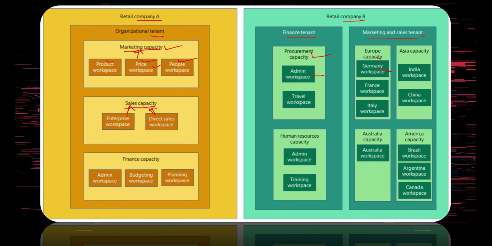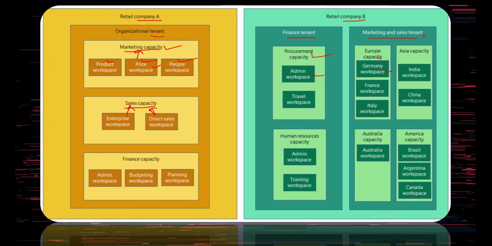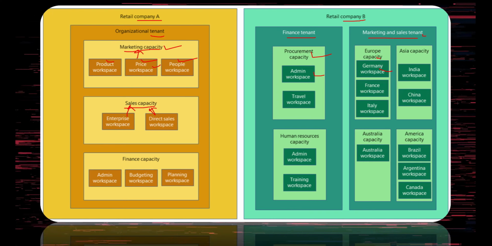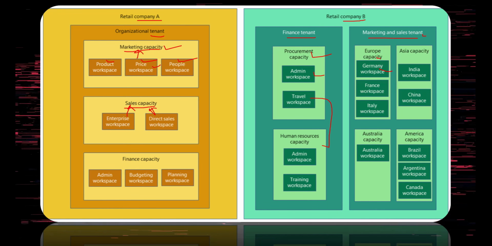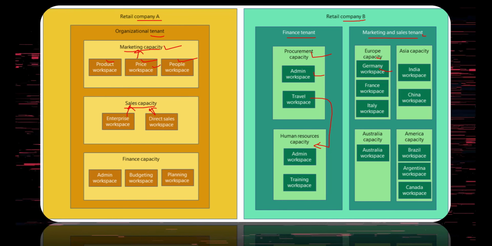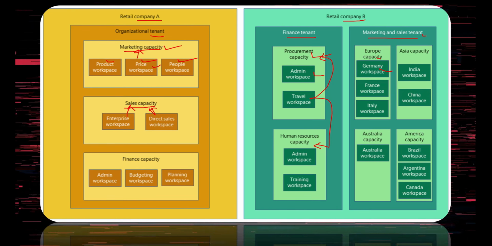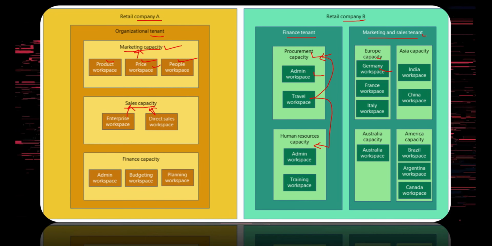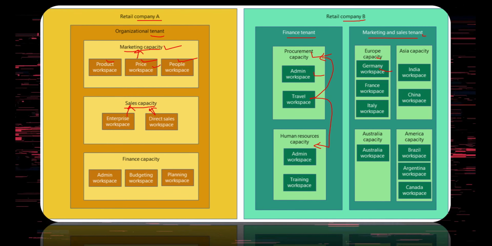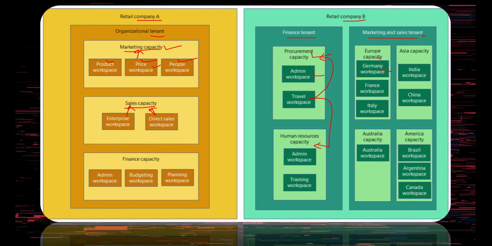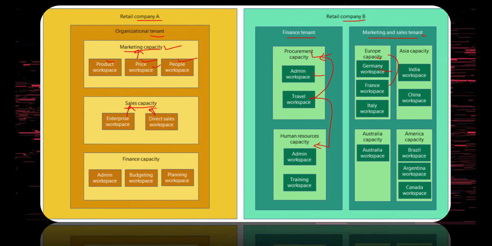And another thing is, as you can see, the workspace. We have seen here that this particular workspace is using procurement, and in parallel it can use the human resource capacity also, because one workspace can use the capacity of multiple capacities, or the capacity of multiple business units. Similarly, this is a workspace that is already using Europe capacity.